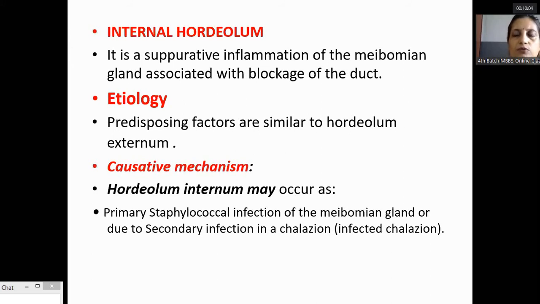So you have to know how to separate the chalazion and the internal hordeolum. Chalazion is a chronic lipogranulomatous inflammation of the meibomian gland, whereas internal hordeolum is a suppurative inflammation of the meibomian gland.